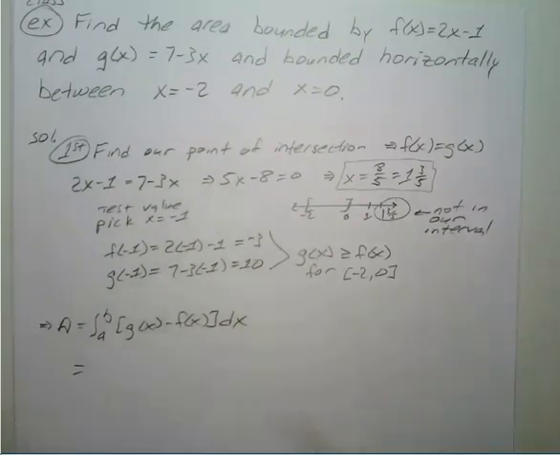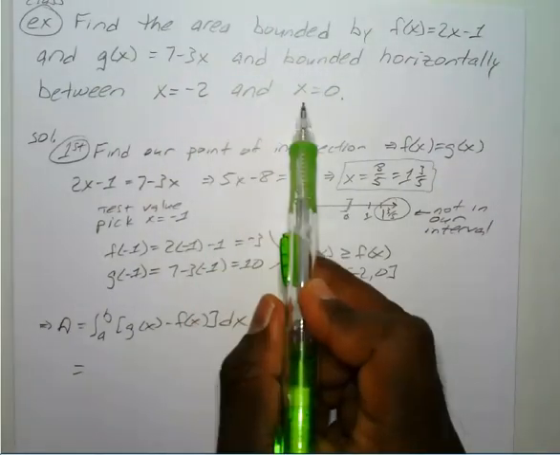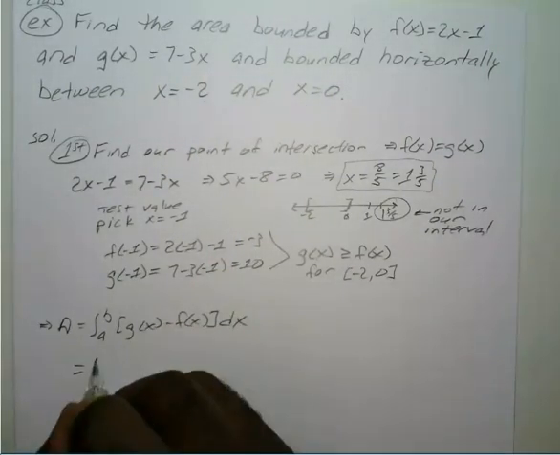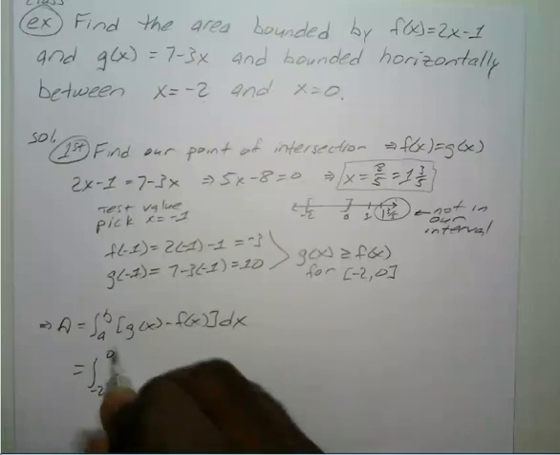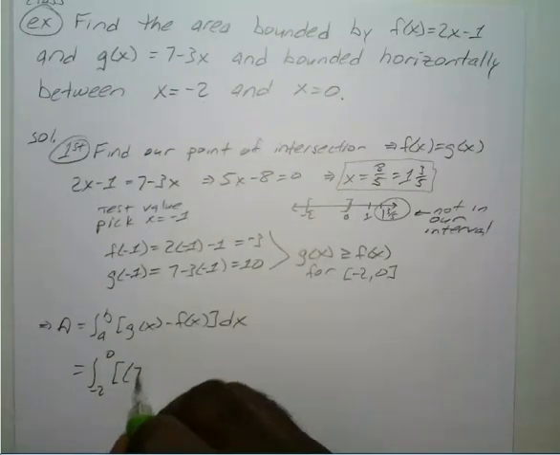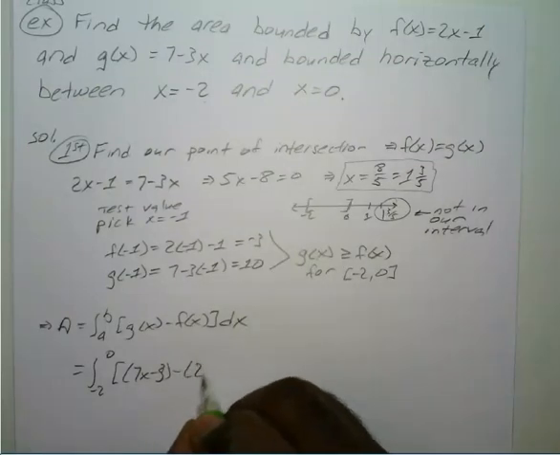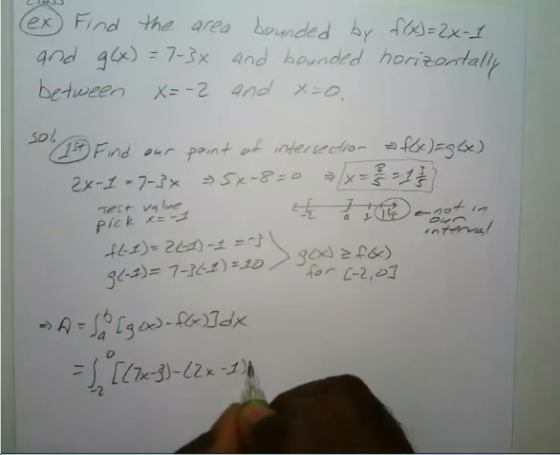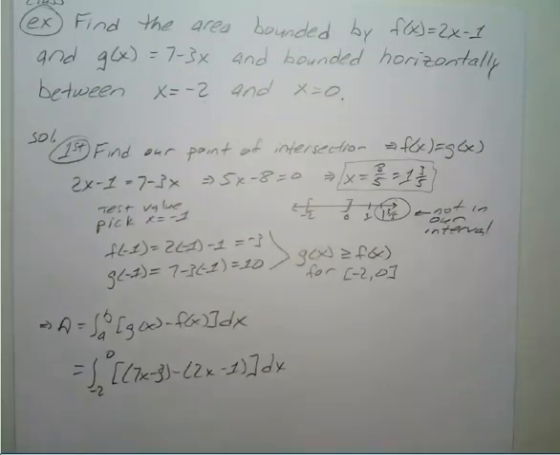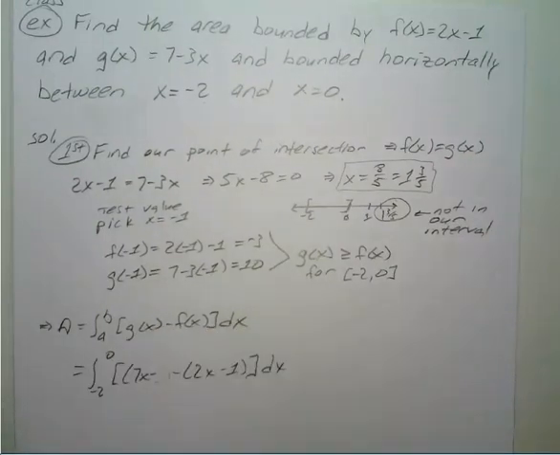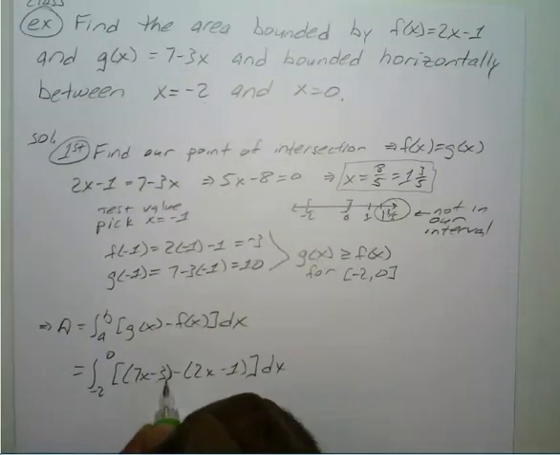Okay, so remember your a is -2, your b is 0. So you integral from -2 to 0, 7 minus 3x minus 2x minus 1 with respect to x. Let me clean that up a little bit. There we go.